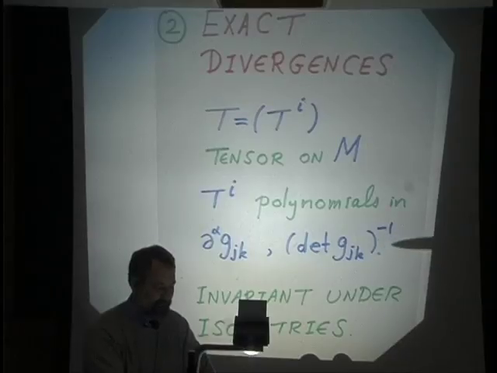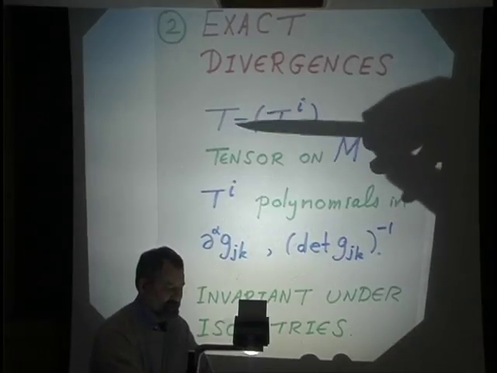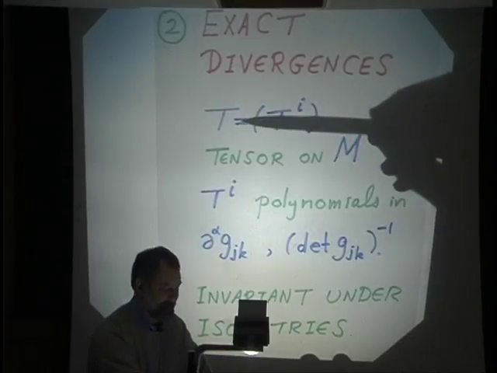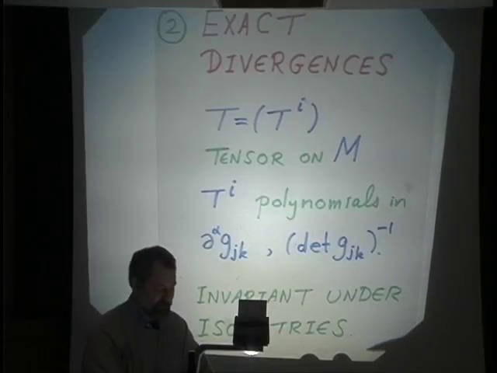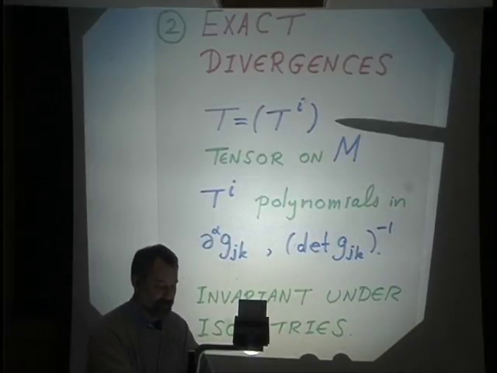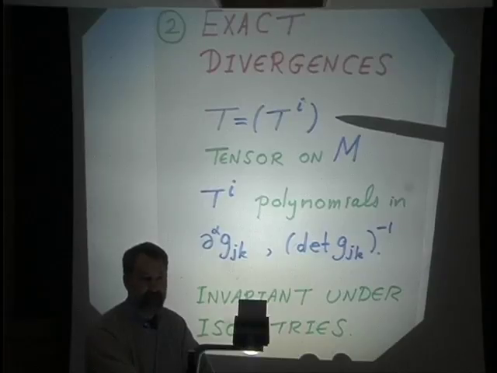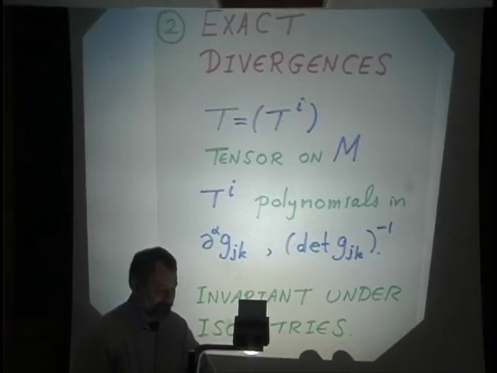And let's assume that T is intrinsic in the sense that it is preserved under isometries, but of course it transforms as a tensor rather than simply as a scalar. So suppose that T is such a thing.